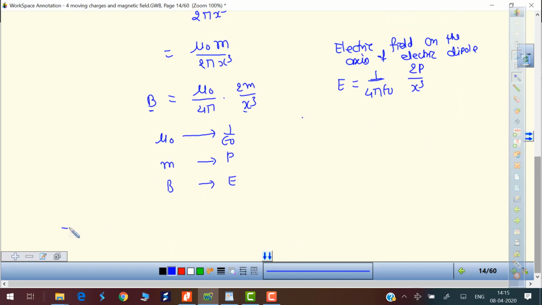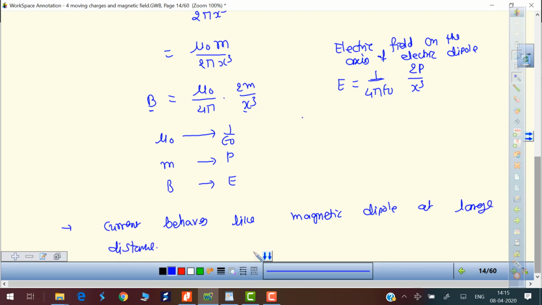So we can say that coil, current loop, behaves like magnetic dipole at large distance. And this is the similarity.